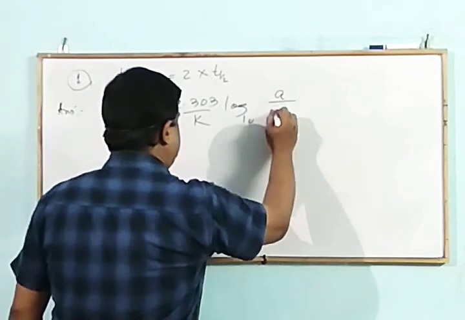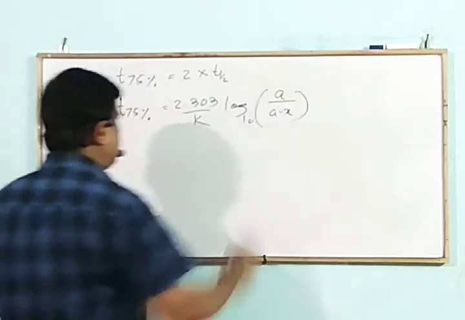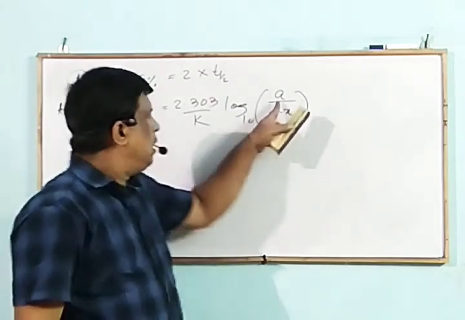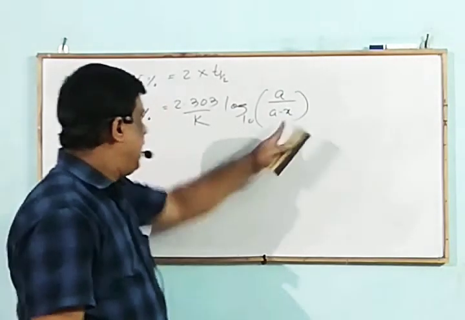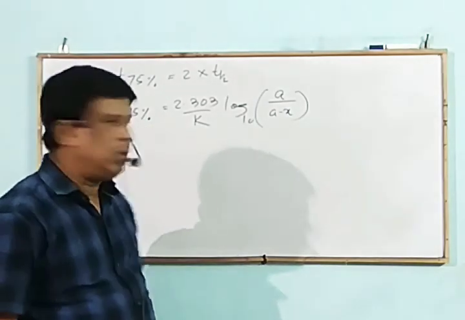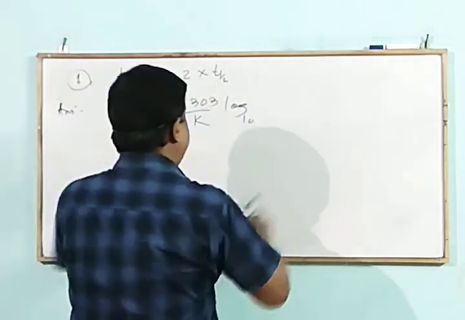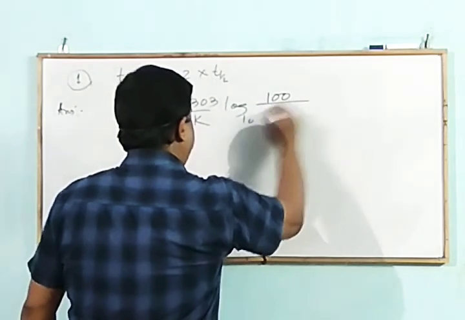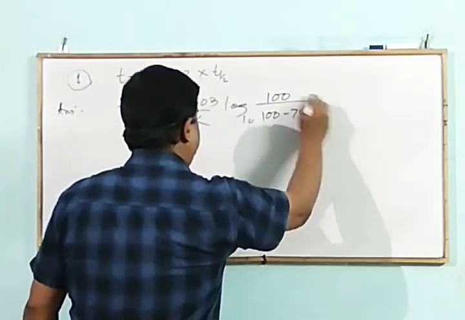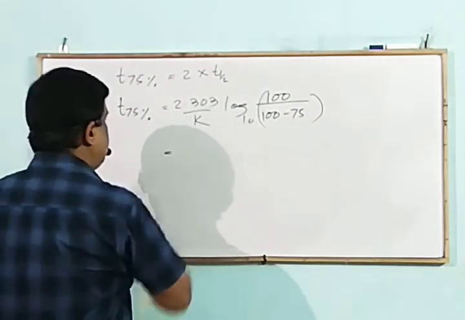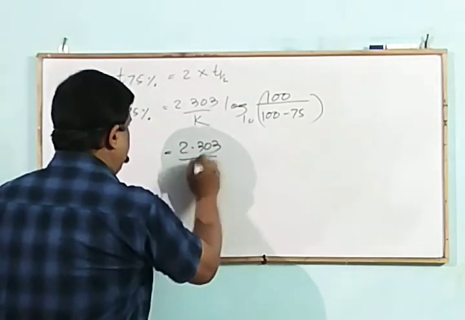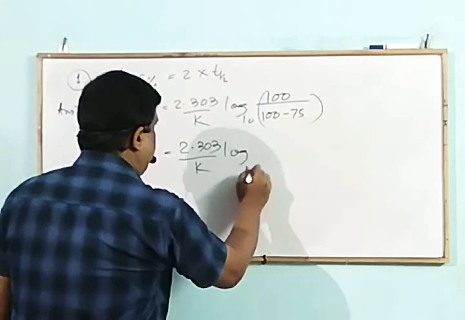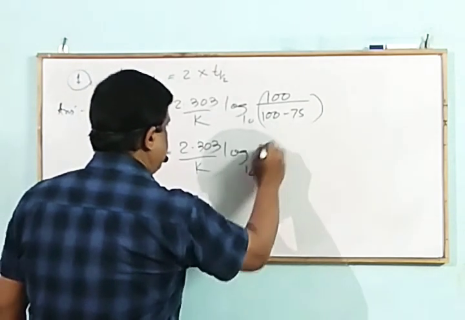Here A is the initial concentration, always taken as 100, and X is 75, the loss. So I rewrite this: 100 by 100 minus 75 is equal to 2.303 by K log base 10, it is 25, it is 4.